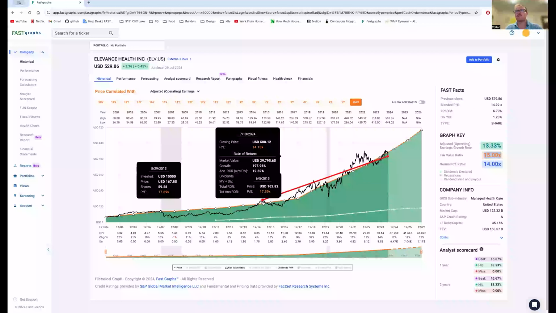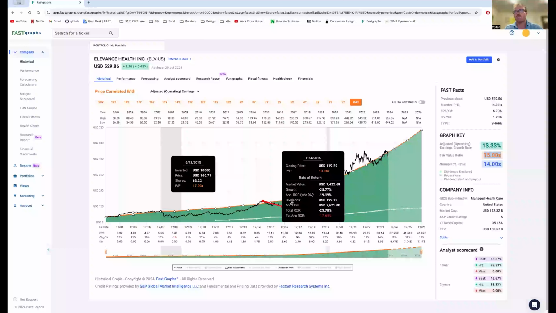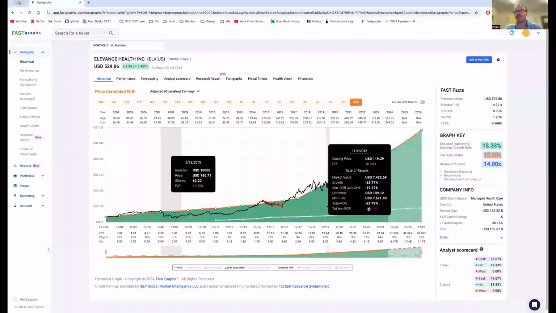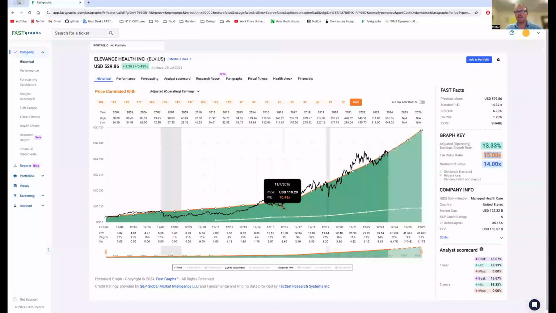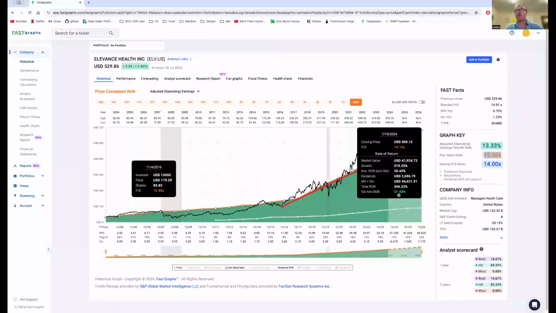Now, this is where valuation really becomes important, overvalued versus undervalued. If I would have waited a few years, first of all, I would have had to go through about a year and a half of losses, losing 23% total or 17.64% per year before I started to see that return. But if I would have waited a few years till it was undervalued to buy this, and I'm going to choose a bottom and go till our last closing price, I would have had 21% annualized rate of return.